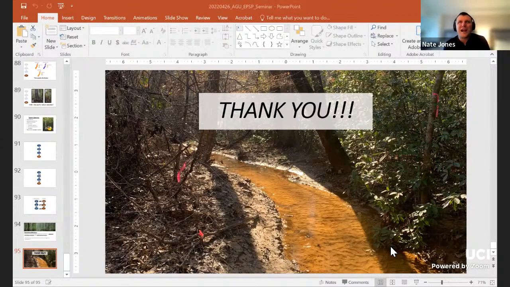We're just cracking into it, but the channel evolution model doesn't work in these little streams. It's almost halted. And so, yeah, I would love to talk about that more, because I think that absolutely is the driver of these systems, or at least the template for the hydrology and all the functions, for sure.